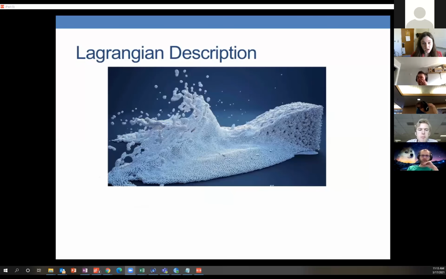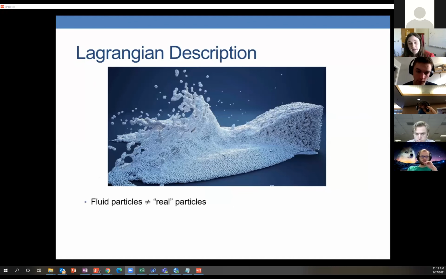And as I said, Lagrangian is where instead of looking at that whole volume and having some function describing what happens over it, we treat the fluid as being made up of a bunch of little pieces of fluid. Now, these are not real, because in reality, a little piece of fluid is made up of millions and millions of molecules that don't necessarily stay together.